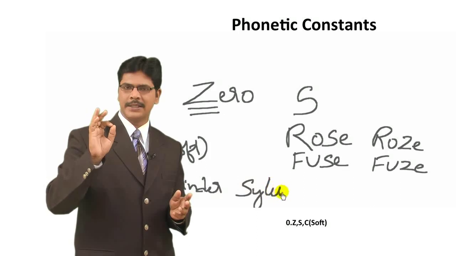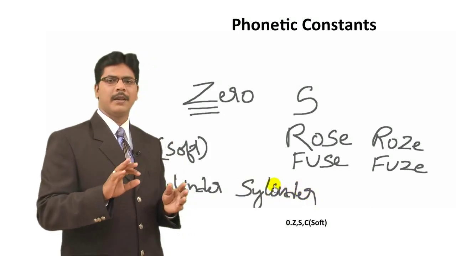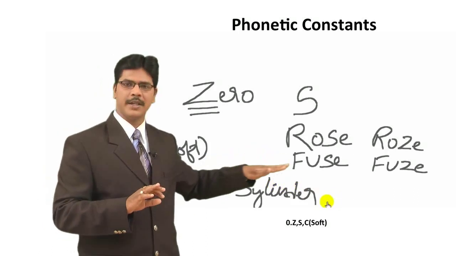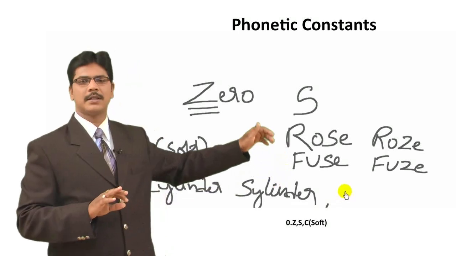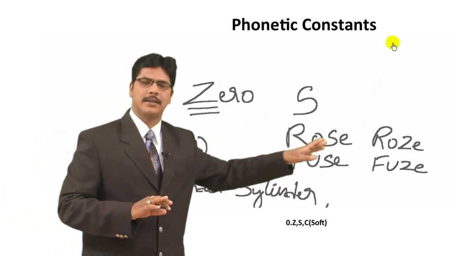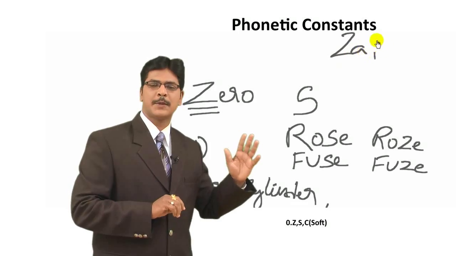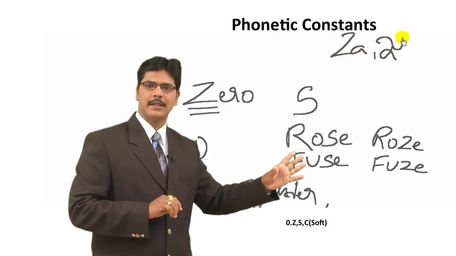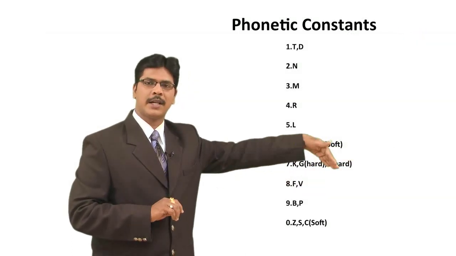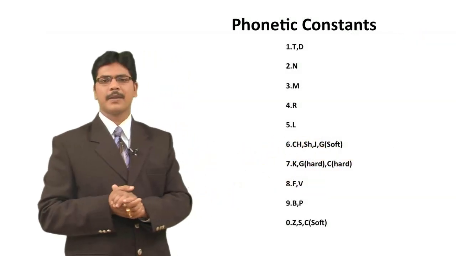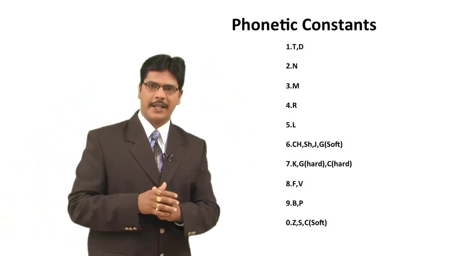Only 10% of C's are C soft, which sound like S. Okay, and because we have the sound S here in 0, the sounds are Z and S. There it is, Z for 0, and the substitute for Z is S, and the substitute for S is C soft. So all these three sounds are interlinked. Okay, so that's it. So this is the explanation for the phonetics.